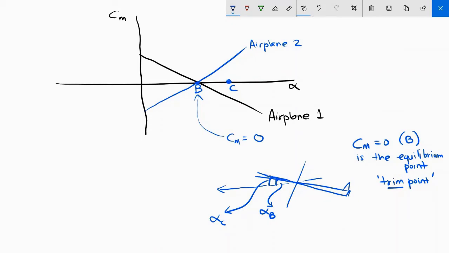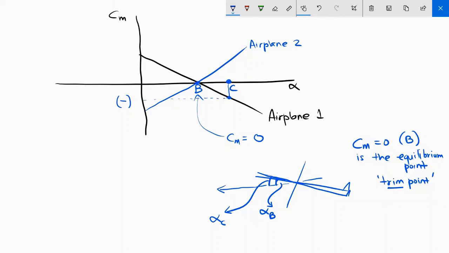Let's see what will happen in airplane 1. At this new angle of attack, alpha C, the moment coefficient is something negative, right? What does negative moment coefficient mean?